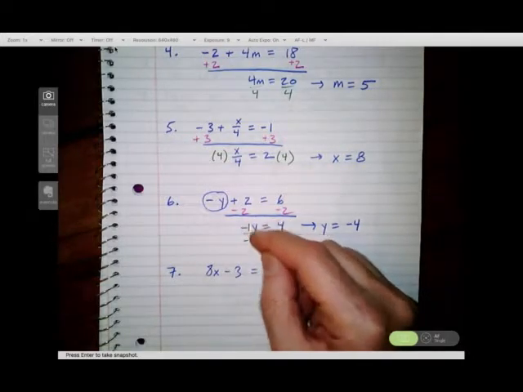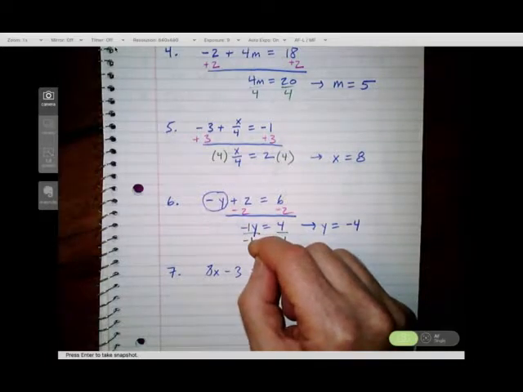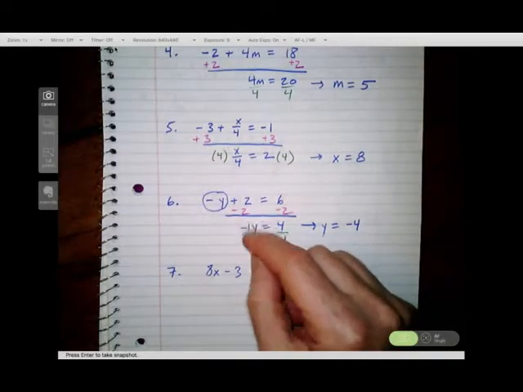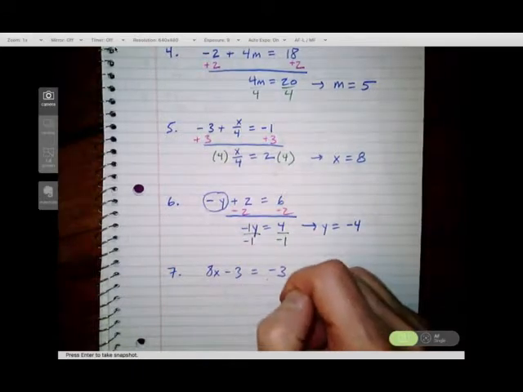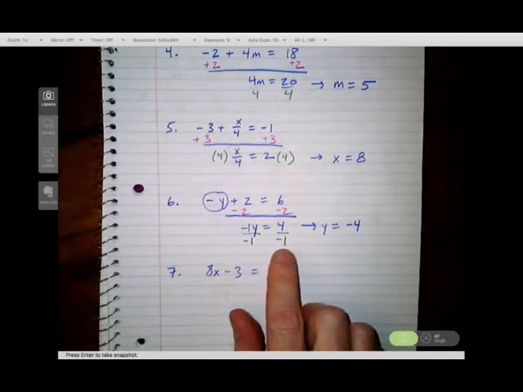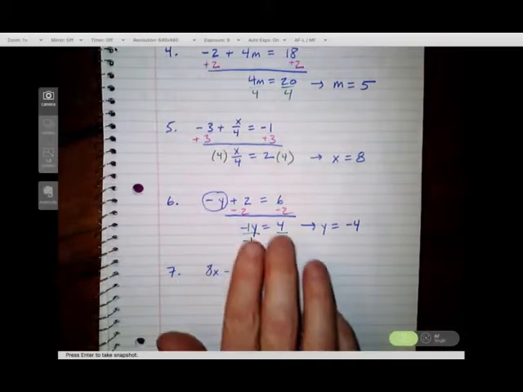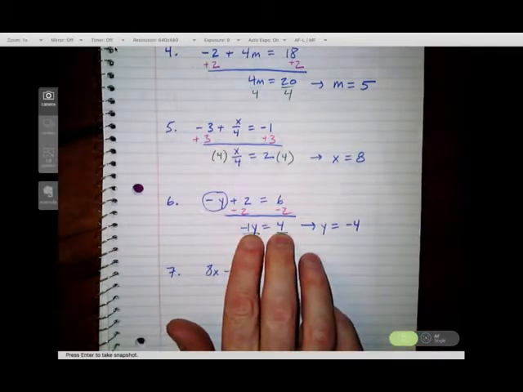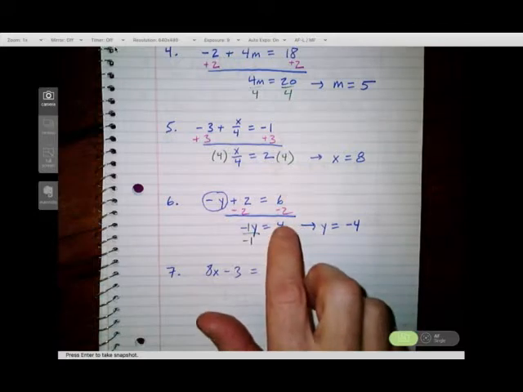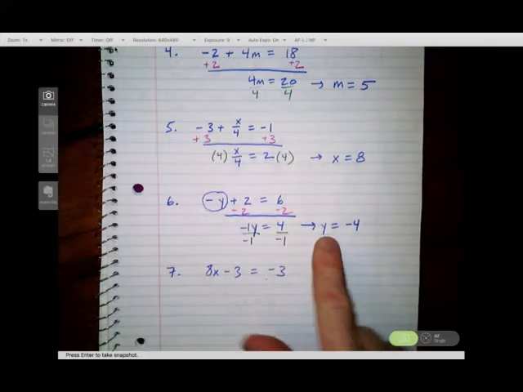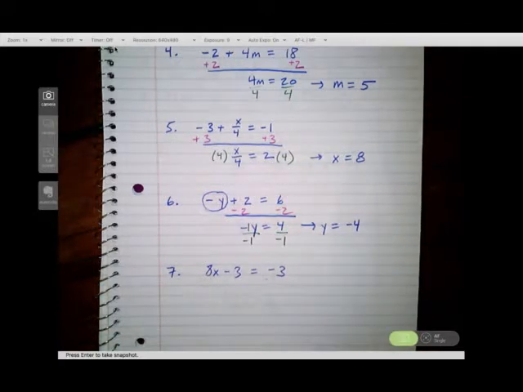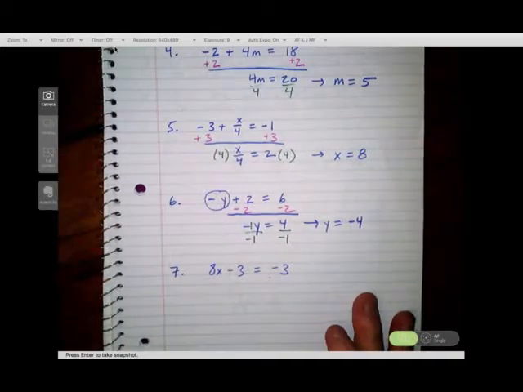But a negative divided by a negative makes it a positive. So that cancels out, if you will, that negative sign out in front. So if I divide this side by negative 1, I divide that side by negative 1 too to get my answer. But like I said, if you can figure it out, if you could say to yourself, if negative y is positive 4, that means positive y has to be negative 4, and do that in your head, I'm very happy. That's great.